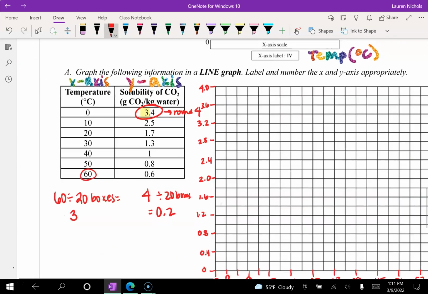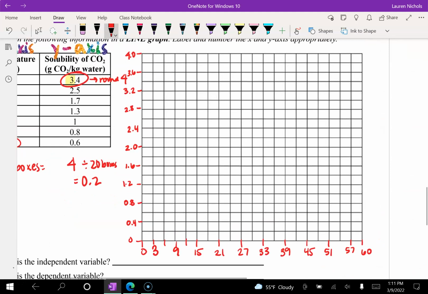And so that allows us to get very close to 3.4 and still take up a large quantity of our graph, because if you're only using like this portion of your graph, then that's a problem. You need to make your scale a little bigger.